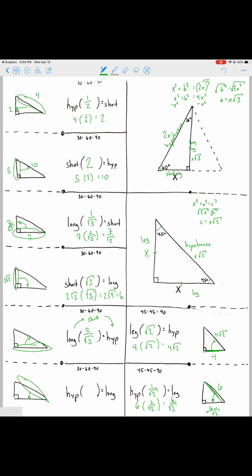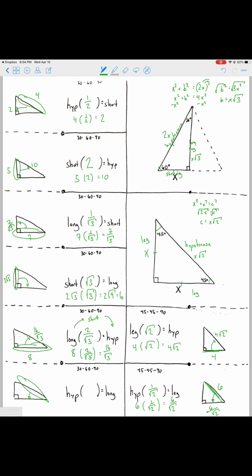If we look above, from long to short, we multiply by 1 over square root 3. From short to hypotenuse, we multiply by 2. So if we combine those two steps together, we get one step here. So let's say our long is 8. We would do 8 times 2 over square root 3 to get 16 over the square root of 3.